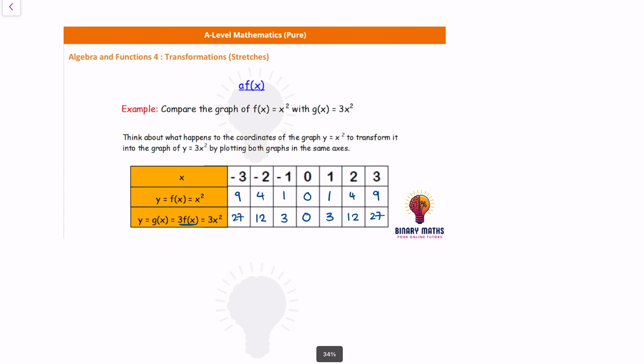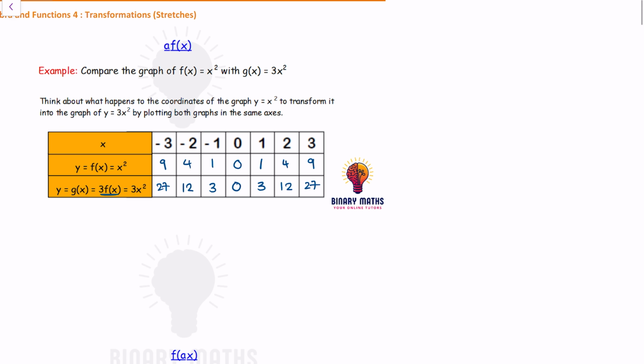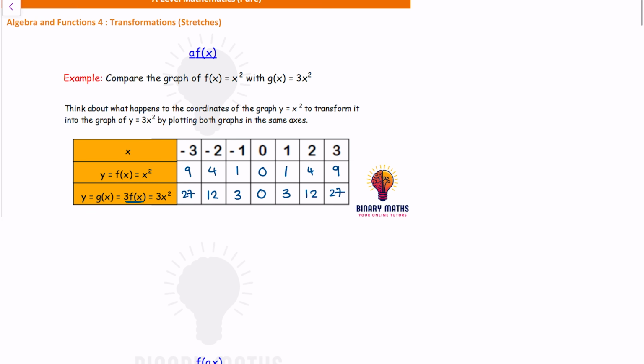And when we plot these, if I plot y equals x squared, I don't want to draw it to scale, but it'll look something like this. Y is equal to x squared.